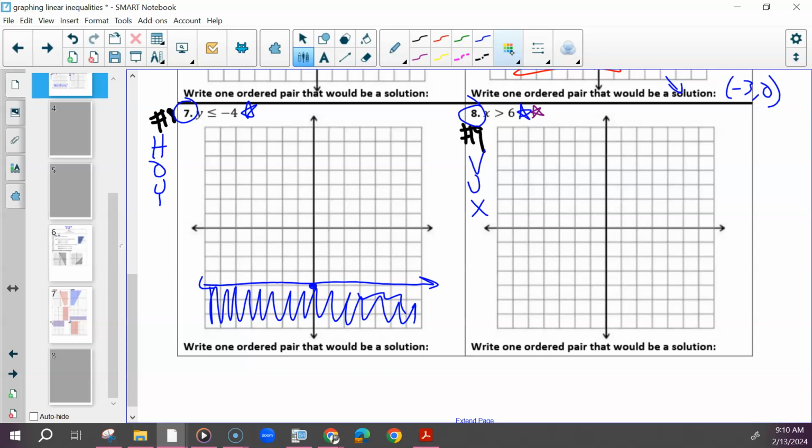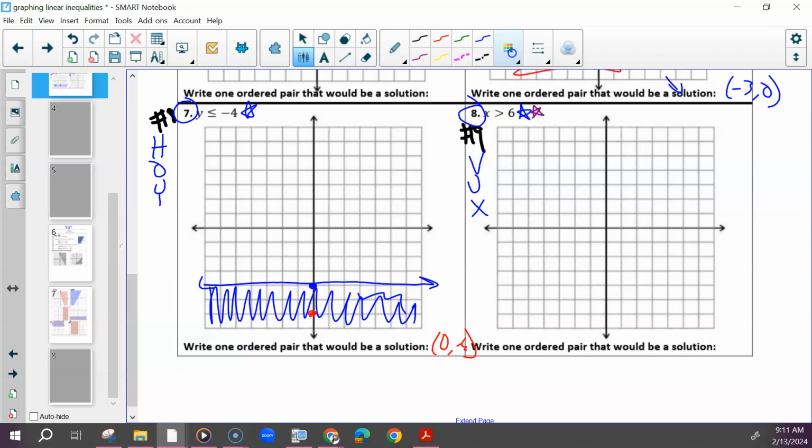So it would have to be an ordered pair of x and y, -6 what? Remember that when your line is solid, you can put points on the line too.